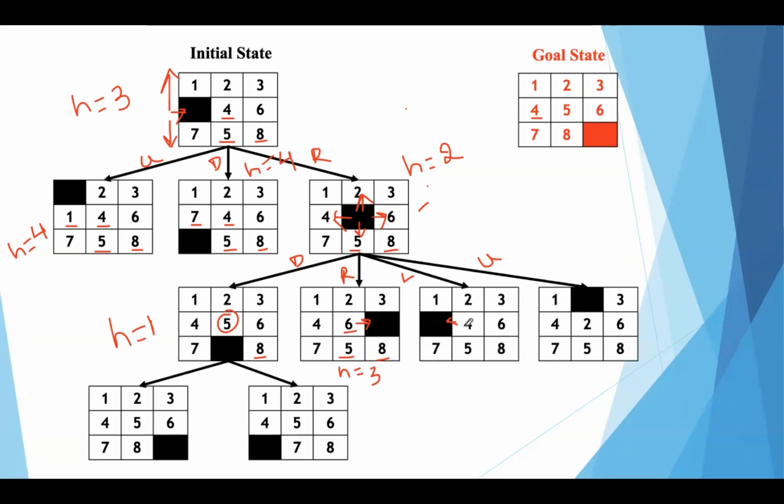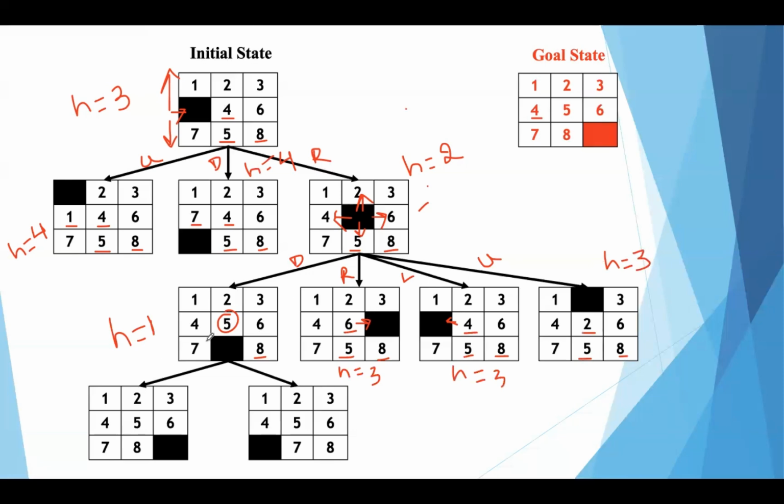In the third one, 1, 2, 3 right positions, 4 is misplaced, 6, 7 right positions, 5 and 8 are misplaced. So H value is equal to 3 again. And the last one, 1, 3, 4 are in right position, 2 is misplaced, 6, 7 in right position, 5, 8 are misplaced. So H value for this is 3.